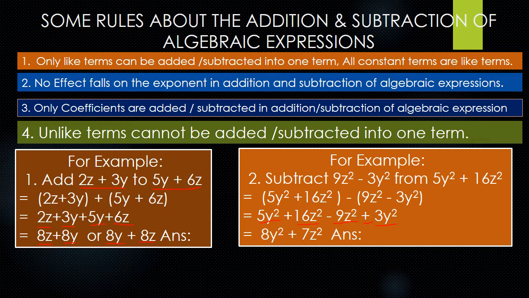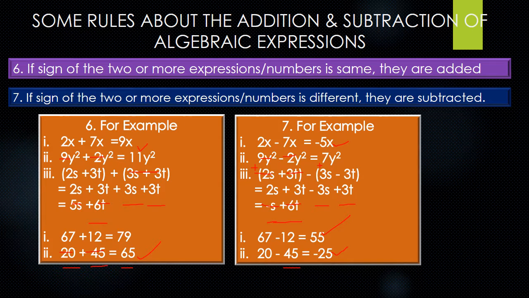Now for other rules. Rule number 6: if the sign of the two or more expression terms is the same, they are added. If two expressions have similar sign and we want to add or subtract them, in this case we will add them.